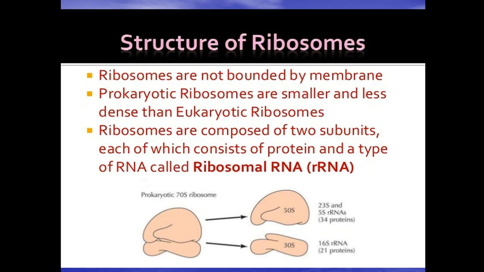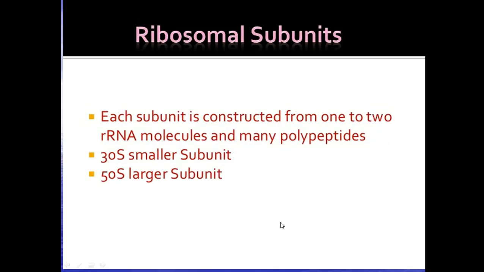Any ribosome you take consists of two subunits, and each subunit is made up of proteins and a type of RNA, ribosomal RNA. See, this is one ribosome which is made up of two subunits. Each subunit is constructed from one to two ribosomal RNA molecules and many proteins.